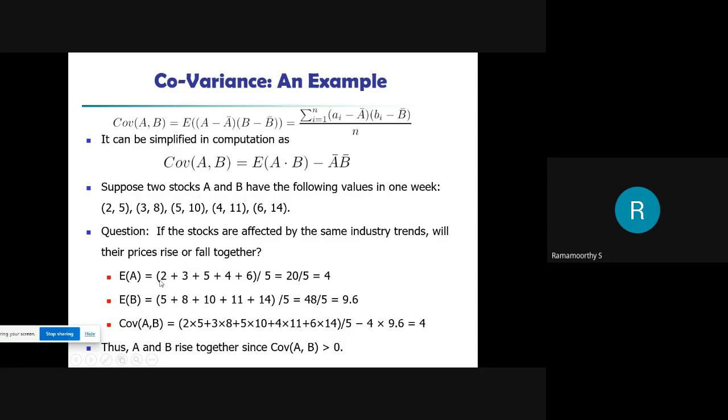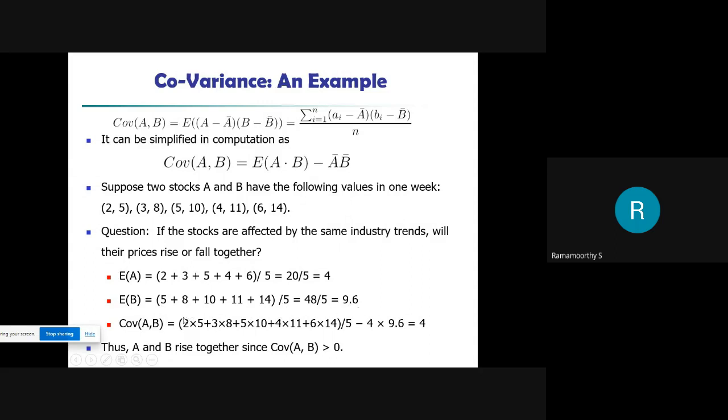You can separately calculate E of A and E of B by adding all the A values divided by the total number of tuples, here 5. 20 divided by 5 gives you 4. Similarly for B, adding all the B values divided by 5 gives 9.6.